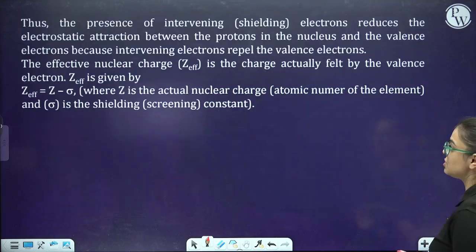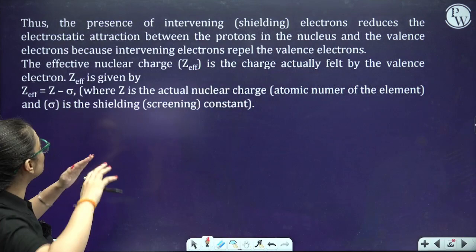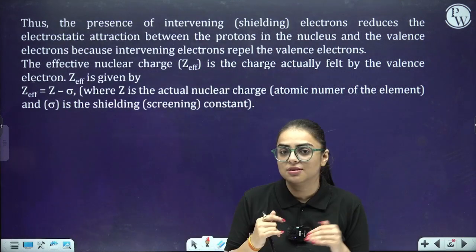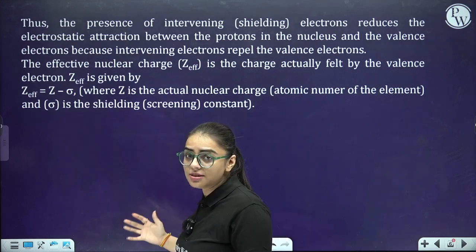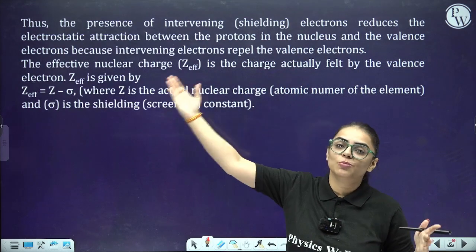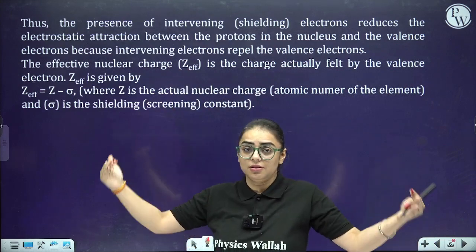Yes, students, now see. Thus, the presence of the intervening, that means shielding, electrons reduces the electrostatic attraction. This is what I am saying. If there was no such electron present inside, then the electron can easily come inside. But if there are shells which contain electrons, and you are creating more and more shells, first shell is being filled, then second, then third, and so on, right?